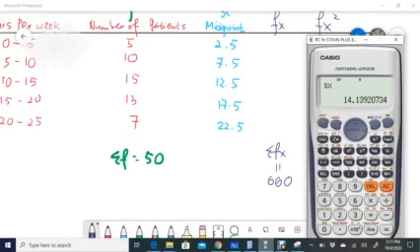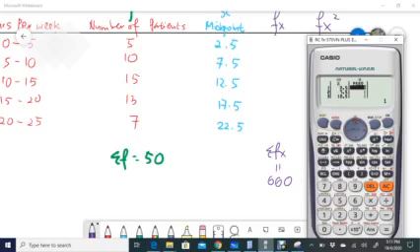For the same thing on the other calculator, shift 9 3 equal, reset everything. Then shift mode, go down, go for 4 to switch on your frequency. Then mode, go for 3, then go for 1. Key in 2.5, enter, 7.5 equal, 12.5 equal, 17.5 equal, 22.5 equal.